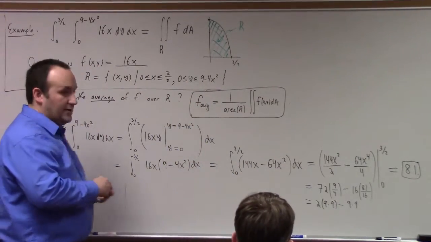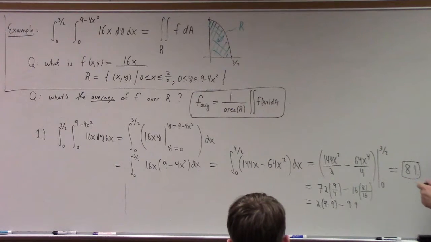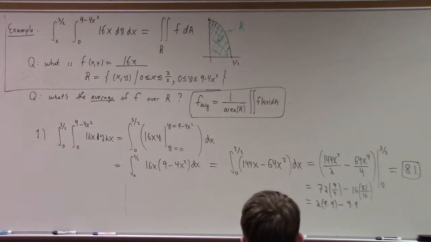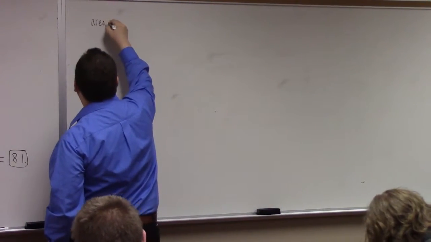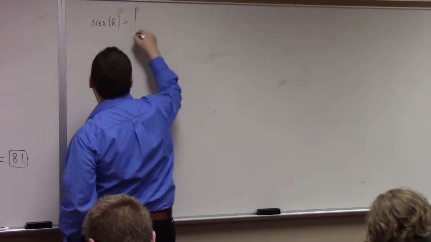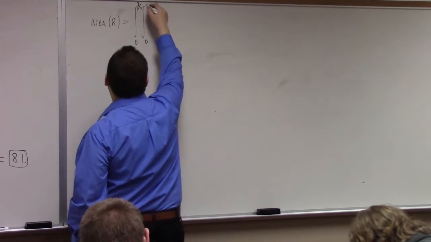Now, that doesn't tell us the average. That just tells us the value of the integral. To calculate the average, I still have to find the area. Instead of the integral from 0 to 3/2, it would just be the integral from 0 to 3/2 of 9 minus 4x squared.